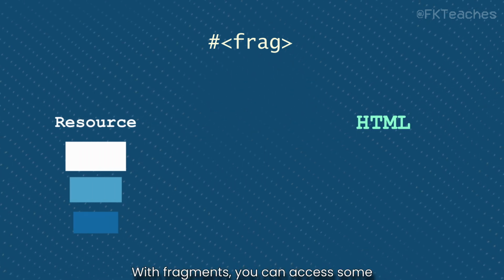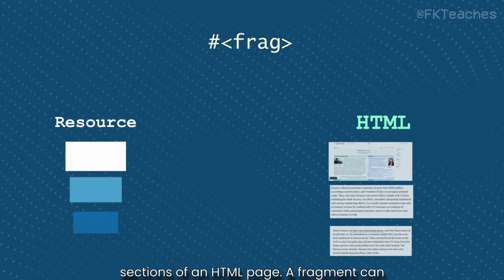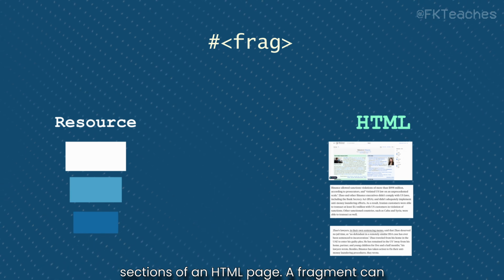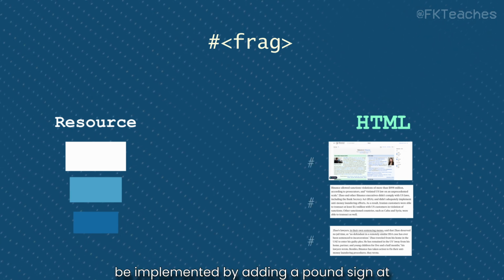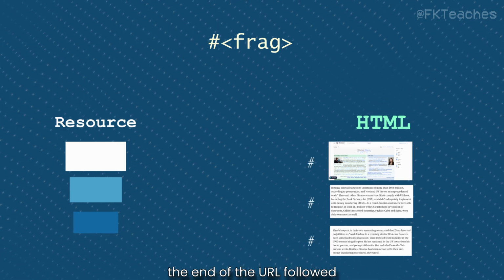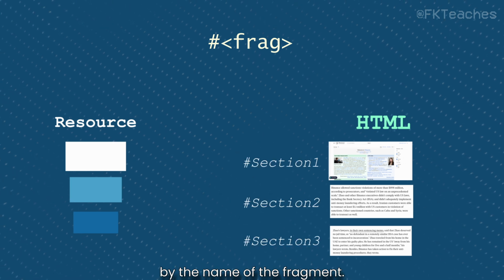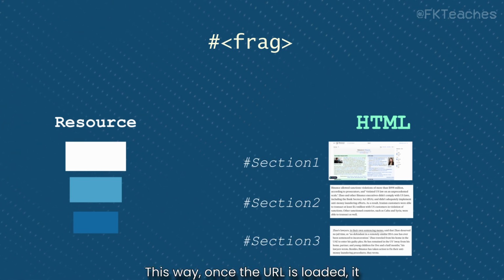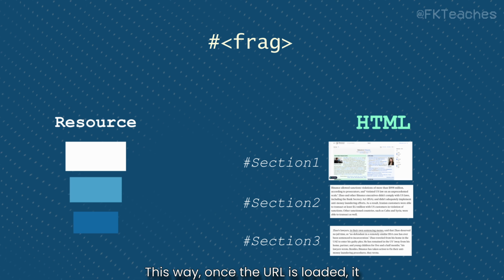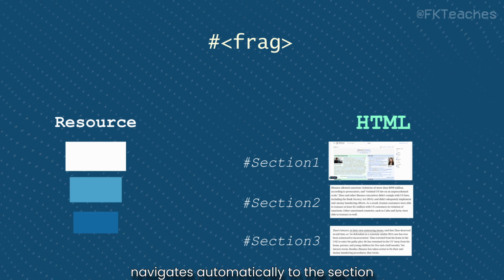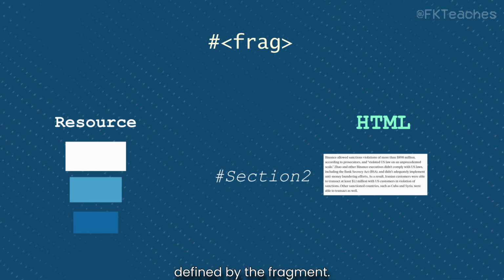With fragments, you can access subsections of an HTML page. A fragment can be implemented by adding a pound sign at the end of the URL, followed by the name of the fragment. This way, once the URL is loaded, it navigates automatically to the section defined by the fragment.